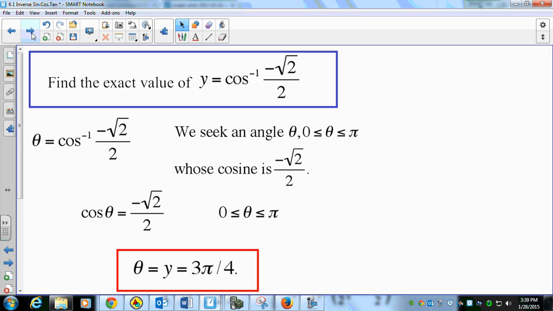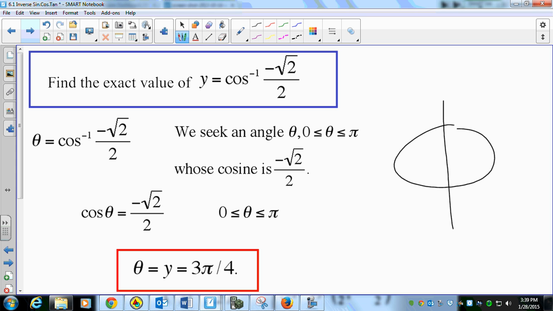When you look at a sample problem, if we're trying to find inverse cosine of negative square root of 2 over 2, think back to our unit circle. Cosine is dealing with our x value. Well, yes, there are two places where it's going to be negative square root of 2 over 2. So we need to find the angle because inverse is looking for a theta.